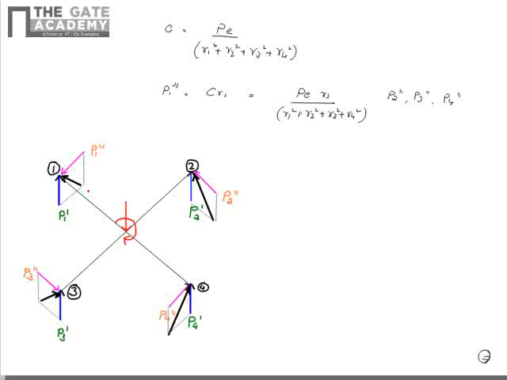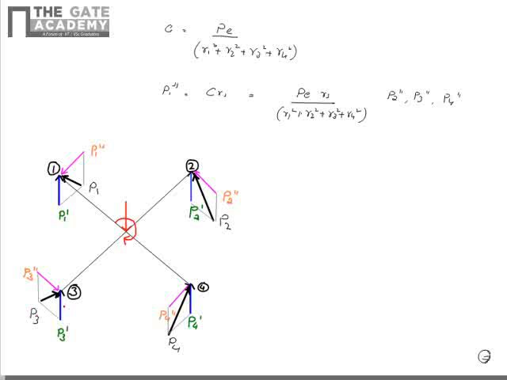So, I can write that the resultant force here will be P1. Here the resultant force will be P2. Here the resultant force will be P4. And here the resultant force will be P3.